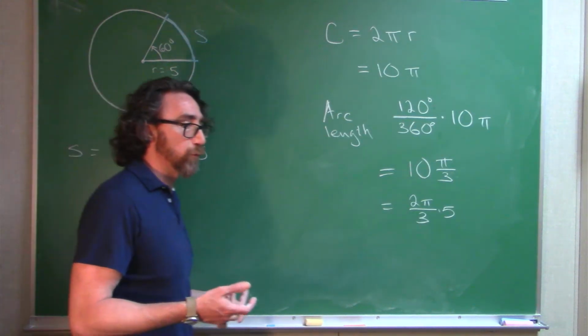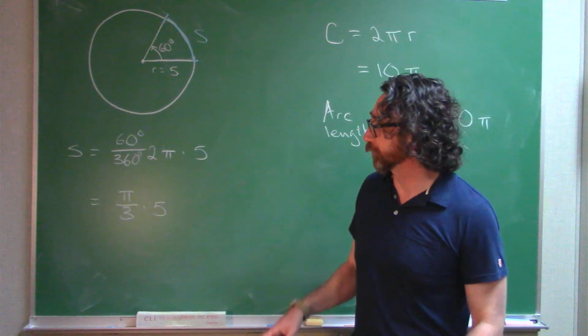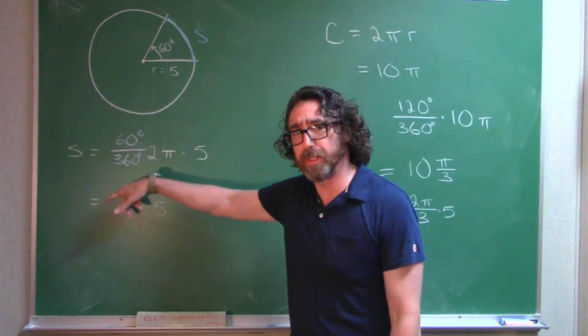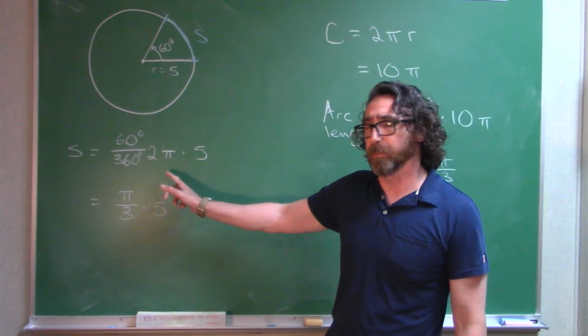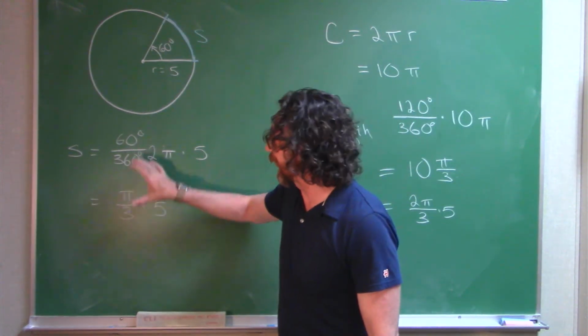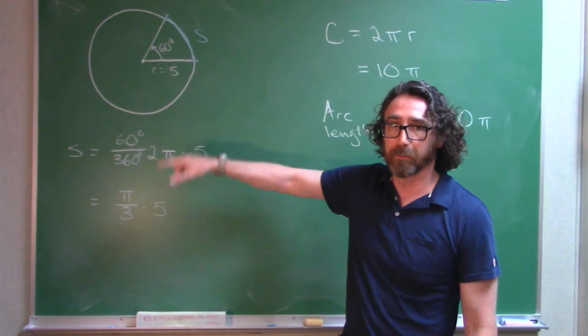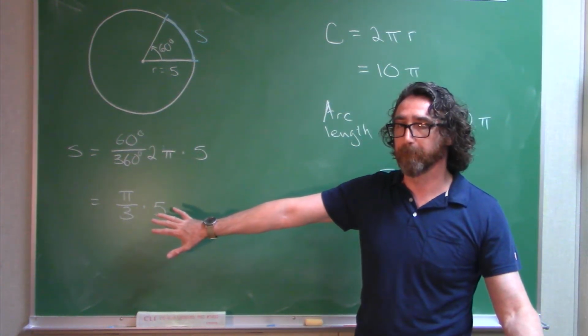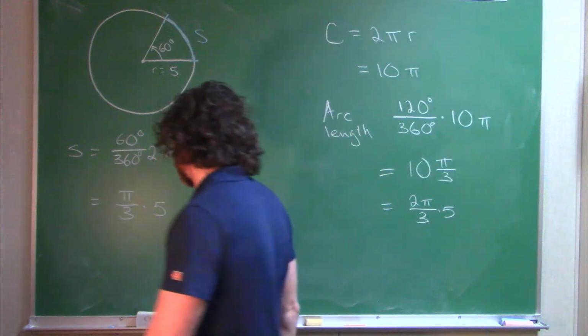So basically what radian measure is doing is saying, instead of doing this proportion and then multiplying by the 2 pi, let's just call that angle pi over 3.